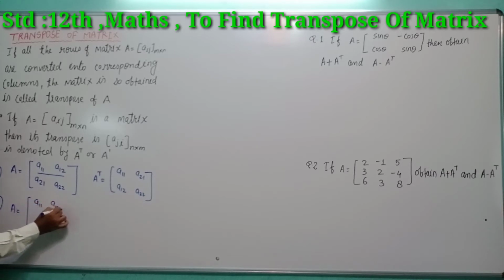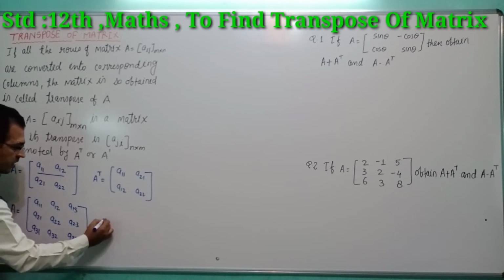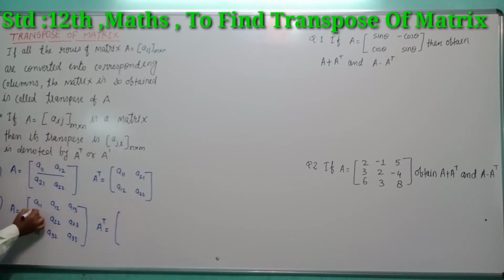A11, A12, A13, A21, A22, A23, A31, A32, A33. Students, this is a 3 by 3 matrix. So transpose of this matrix can be written as A transpose, row will be converted into column.